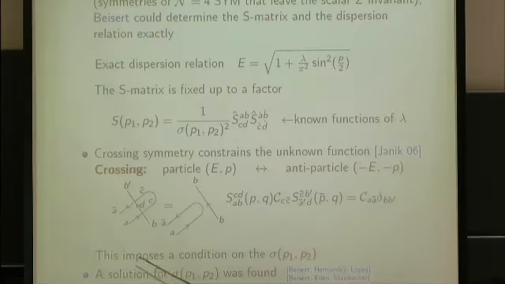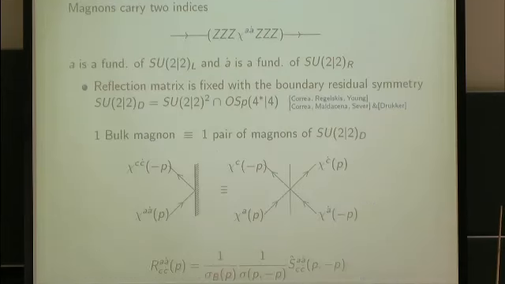And later, a solution consistent with explicit weak and strong coupling computations was found for this unknown bulk scattering phase. So as Nick mentioned, we only need to do the same, or something similar, to compute what the exact reflection matrix is.